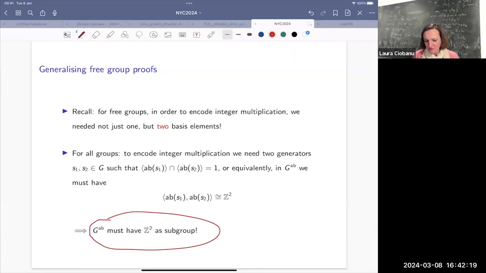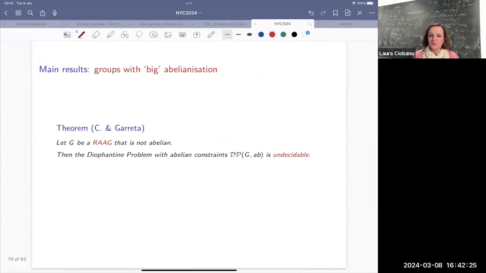Once you have your abelian primitive elements, at least two of them, we have our main results. The first one is that if you have a RAG, of course not abelian, then question number 3, solving equations with abelian constraints, is undecidable.